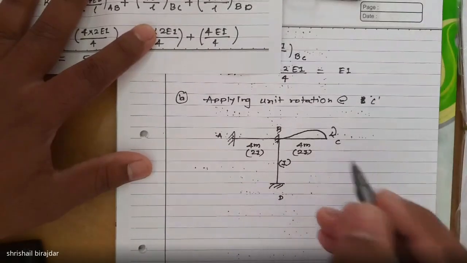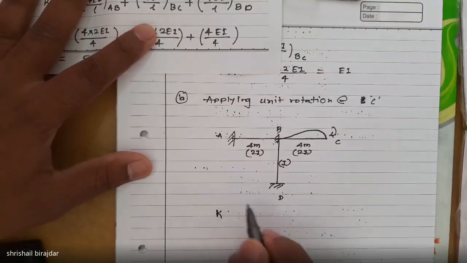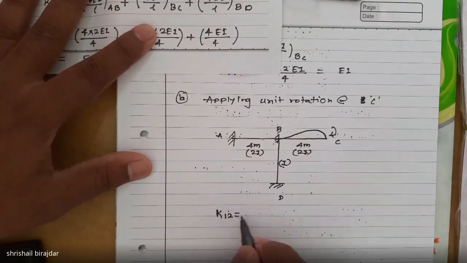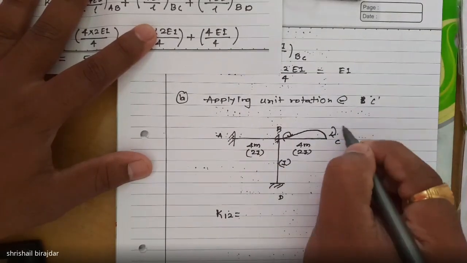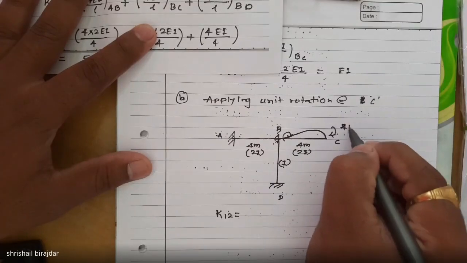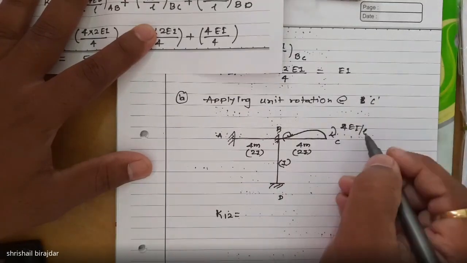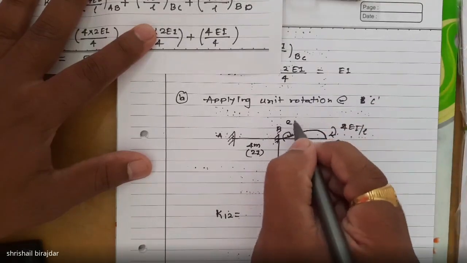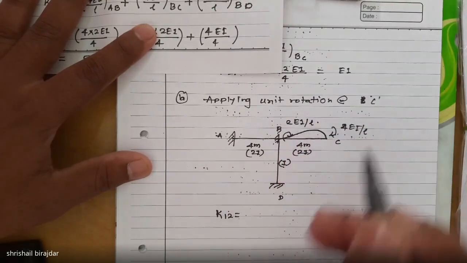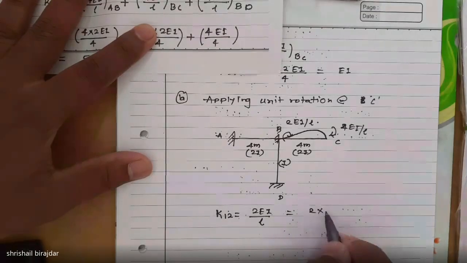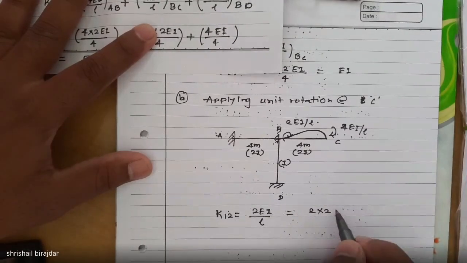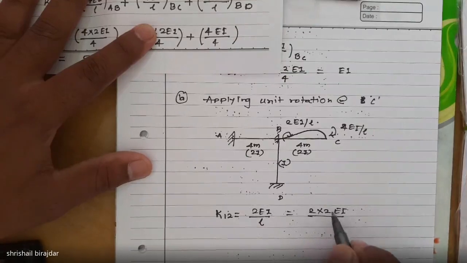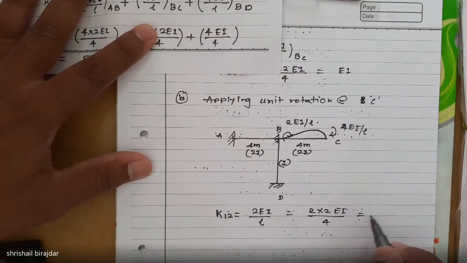So how much does K12 work out to be? Here it is 4 EI divided by L. If it is 4 EI, then half of this is 2 EI by L. So this is 2 EI by L, equal to 2 multiplied by 2 EI divided by 4, equal to EI.